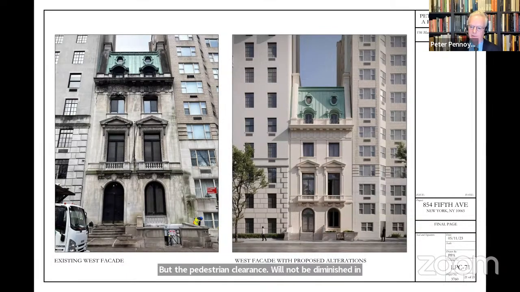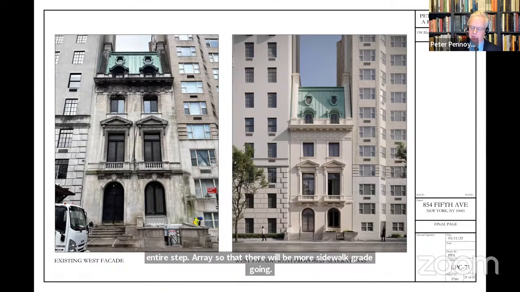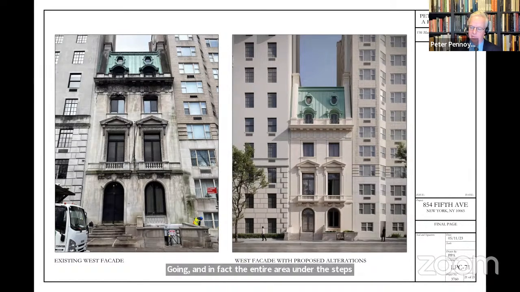It will be increased by 3 feet 8 inches, the width of the entire step array, so that there will be more sidewalk grade going east. And in fact, the entire area under the steps is a room. It's not that it needs to be excavated. It's already open. It served as the Yugoslavian diplomats' shooting range for a time.